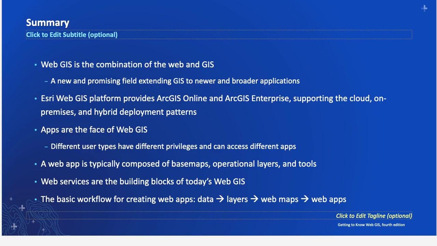Different user types, like we learned, like the creator user type, have different privileges and can access different apps. And a web app is typically composed of base maps, such as what we just covered, and the operational layers and tools. So web services are the building blocks of today's WebGIS, and the basic workflow for creating web apps is the data, and then you get your layers to web maps and convert it to your web apps.